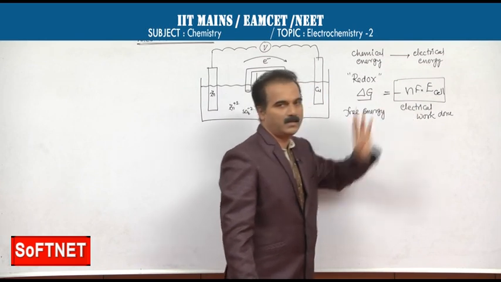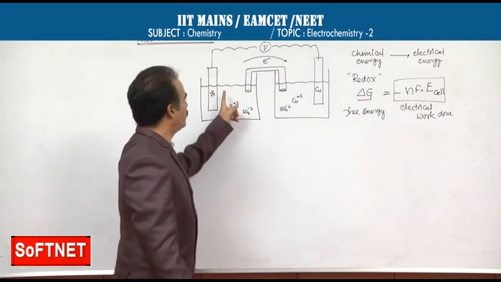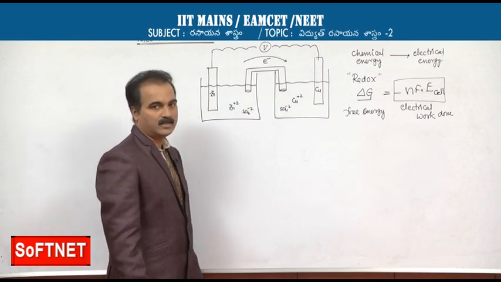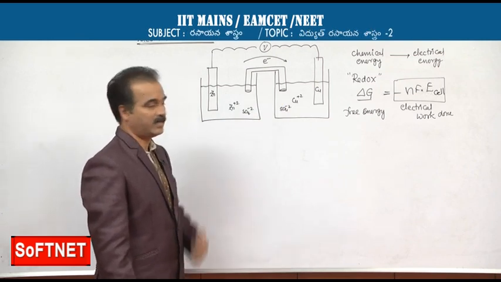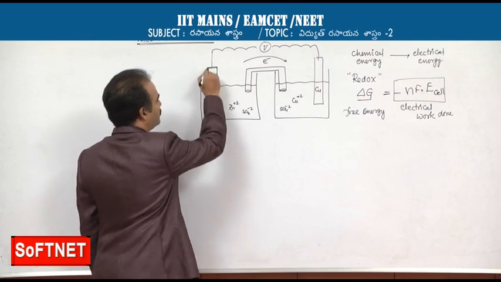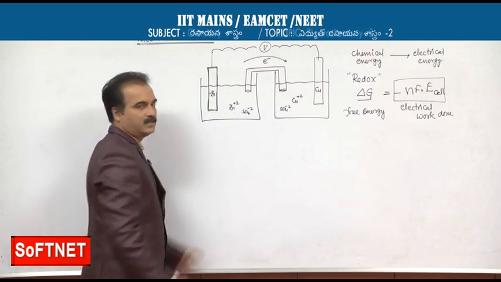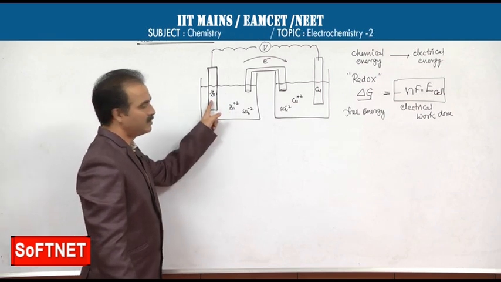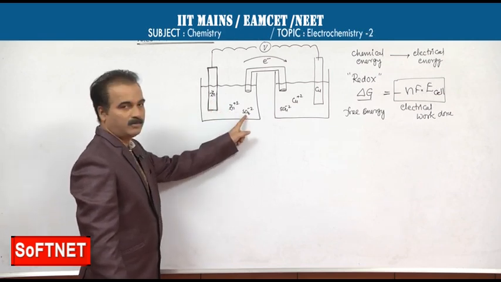This is the numerical relationship. Let us come to know what is an electrochemical cell, its construction, working. Let us say a zinc metal is placed in a solution of zinc sulfate. So, this is zinc rod, this is zinc sulfate solution.